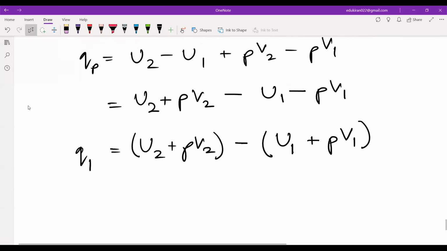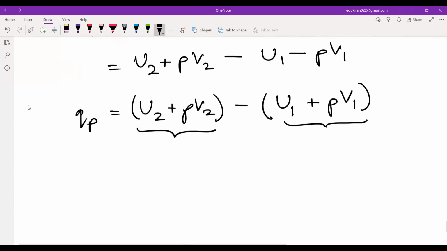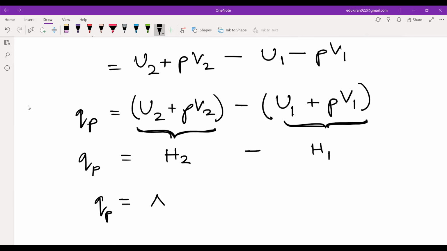This quantity, internal energy plus the product of pressure and volume, has energy terms, and we will introduce a new term for it, because this is the heat involved at constant pressure. We give it the symbol H. So this will be H2 minus H1, which equals QP, so QP is equal to delta H.